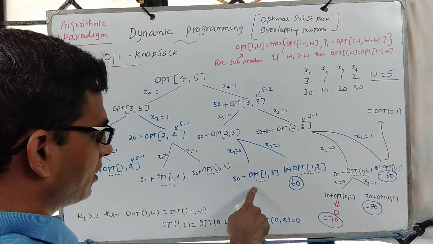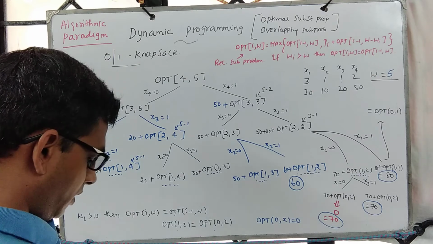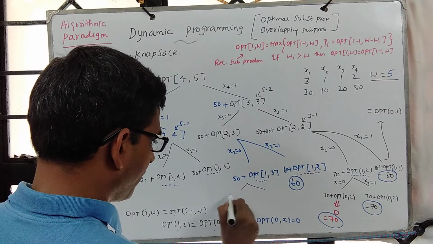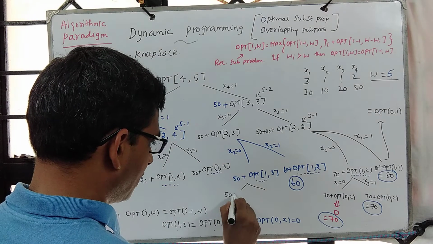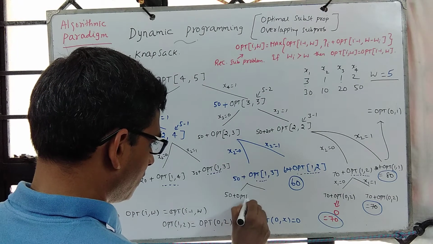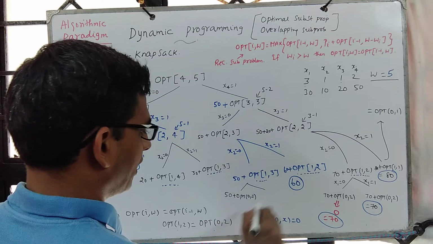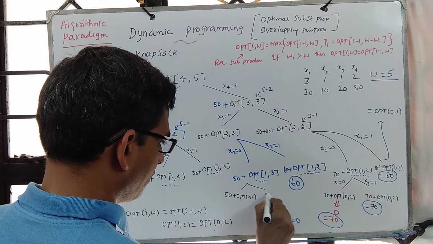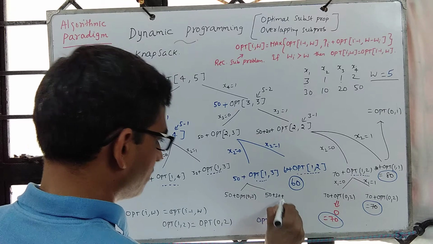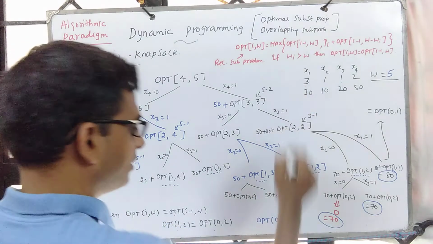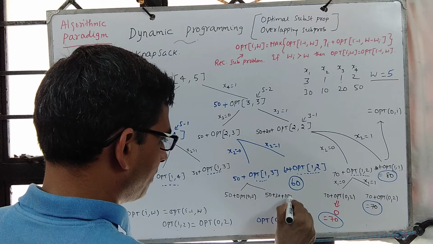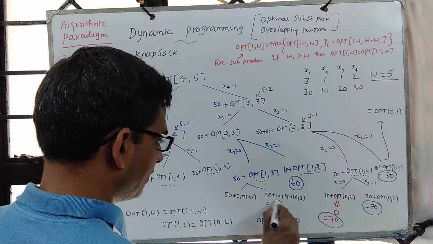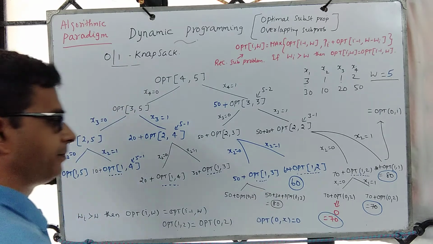Now let's focus on 1 comma 3. On one side it will be 50 plus opt of 0 comma 3, and on the other side 50 plus 30 plus 30, we can include this object, then it will be opt of 0 comma 3. So profit earned out of this problem is also 80.